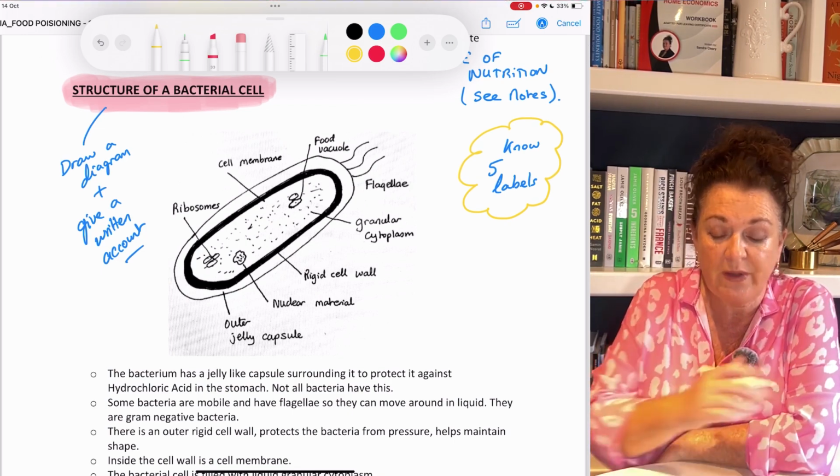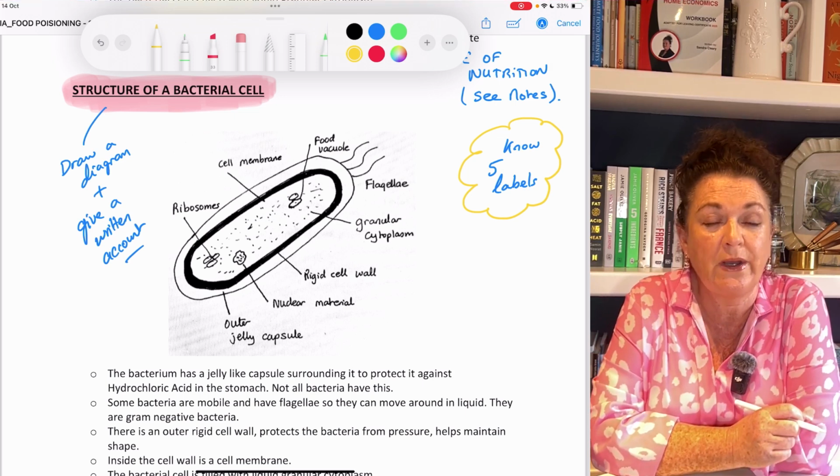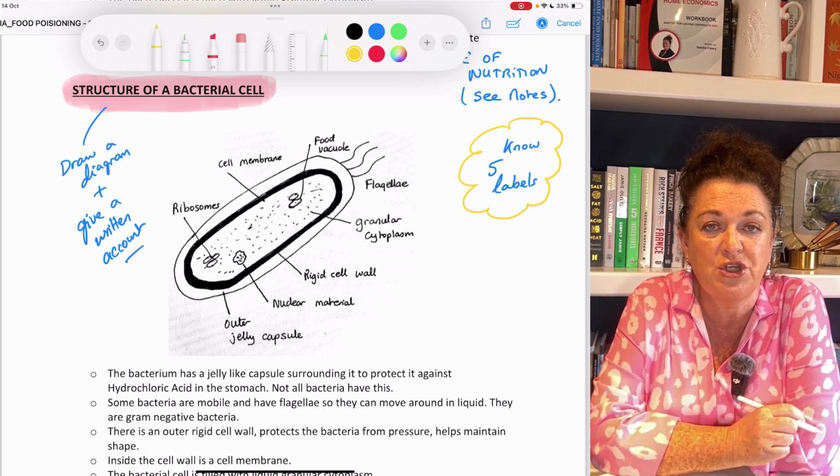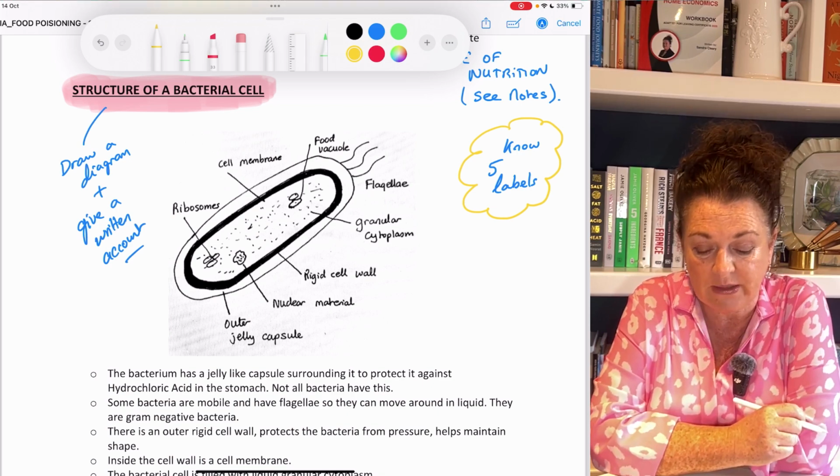Now, I just want you to be aware, particularly those that don't do biology, not all bacteria have the same shape, which we'll cover in a few minutes.